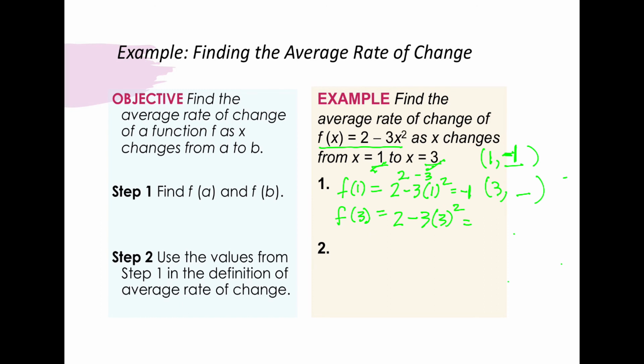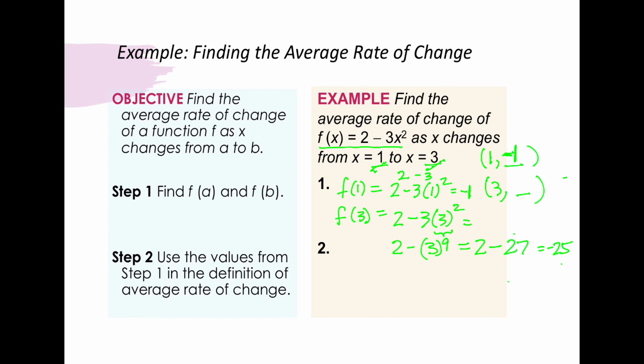Now, evaluating this one, I would do my square first. So 3 squared is 9. So now I have 2 minus 3 times 9. Well, 3 times 9 is 27, so that's 2 minus 27, which is negative 25.